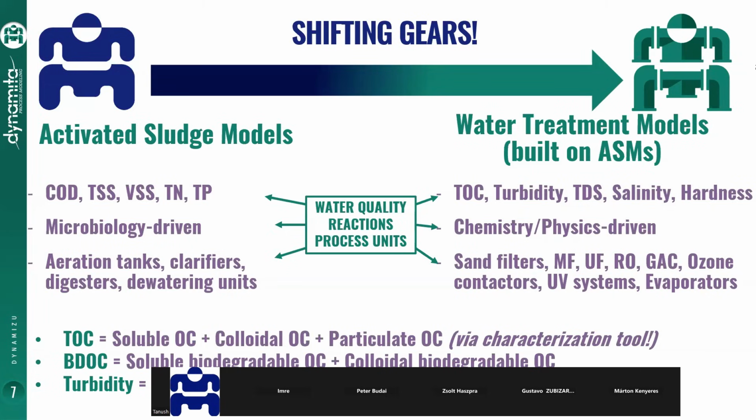Then comes the BDOC, the biodegradable dissolved organic carbon, and we keep track of that as well. And then there is turbidity, which is calculated based on the TSS and the colloidal fraction, in our wastewater, in our reuse water. So we keep track of those as well.